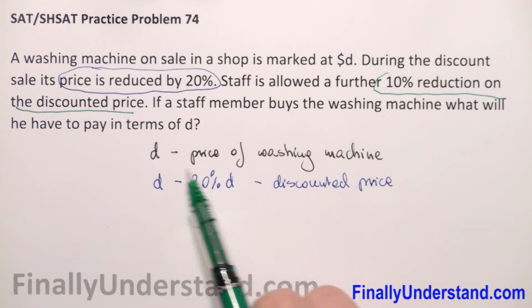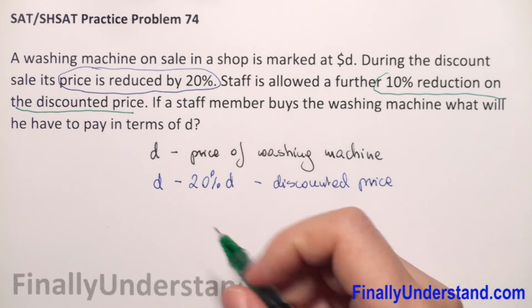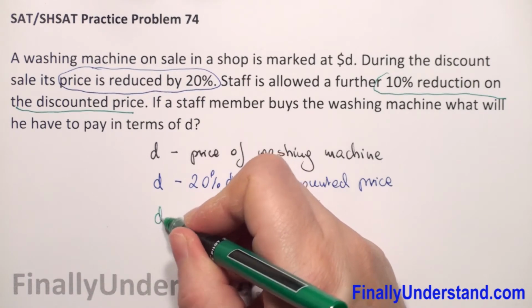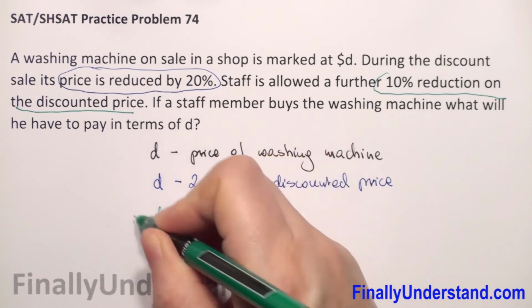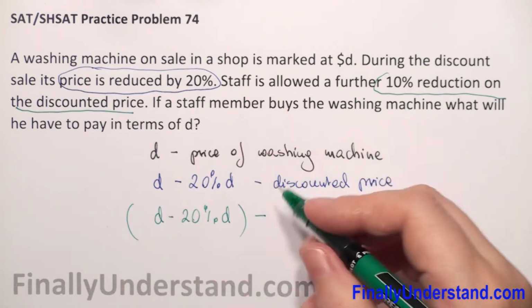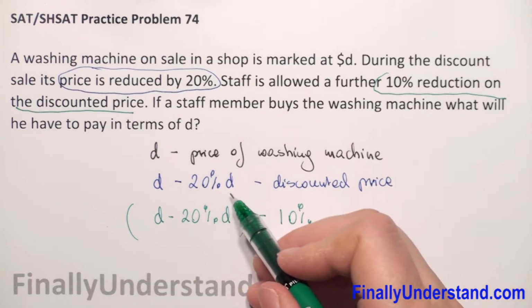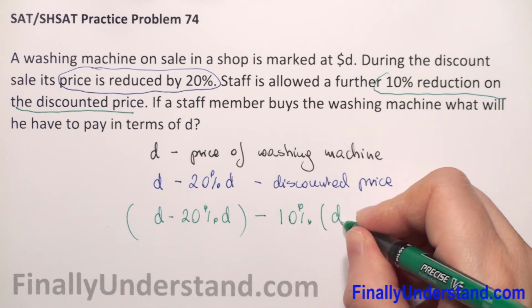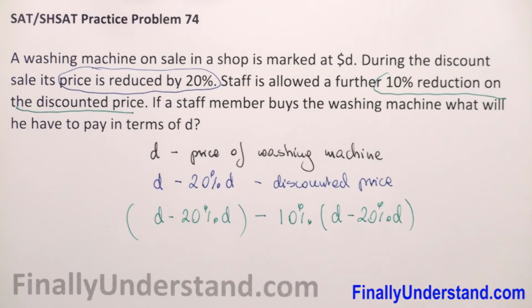This is our discounted price. So again, from D minus 20%, we have to subtract 10% of the reduction price. So let's put this in parentheses: D minus 20% of D.